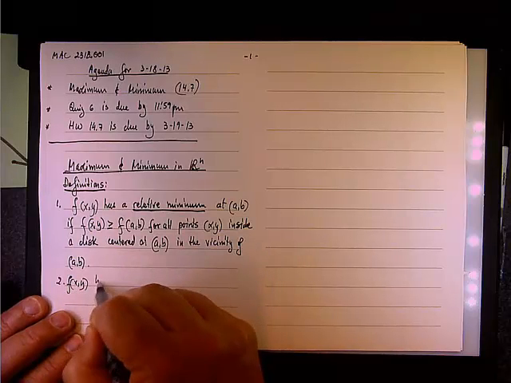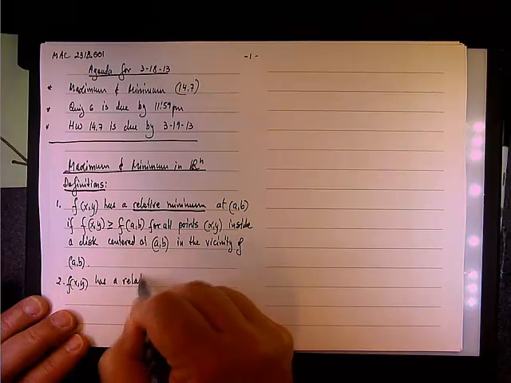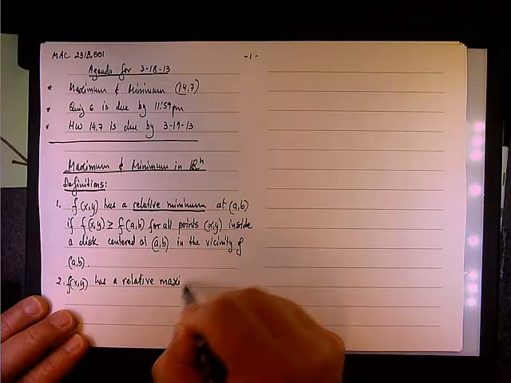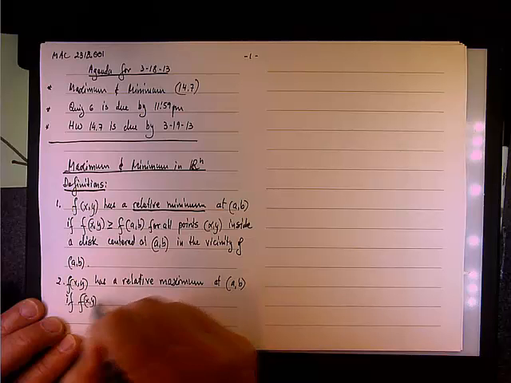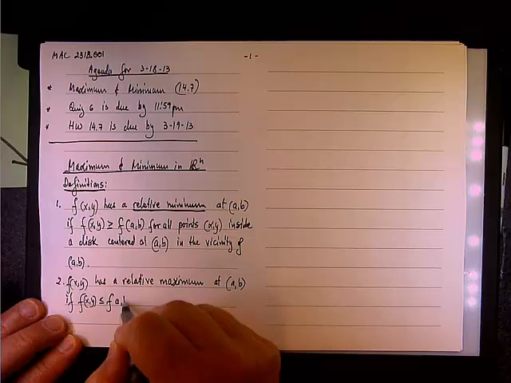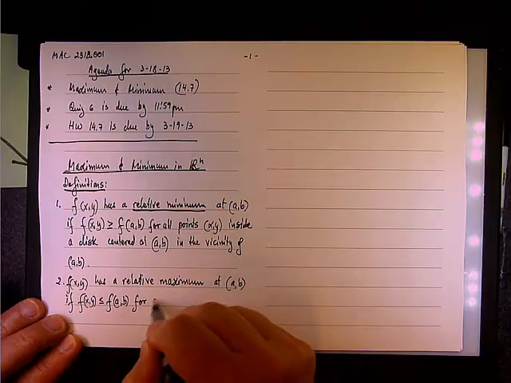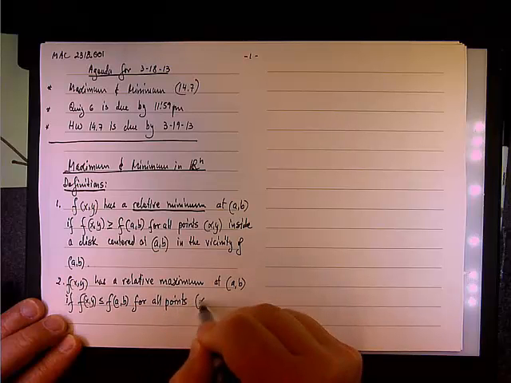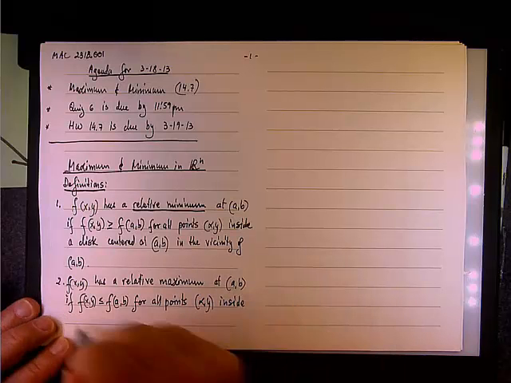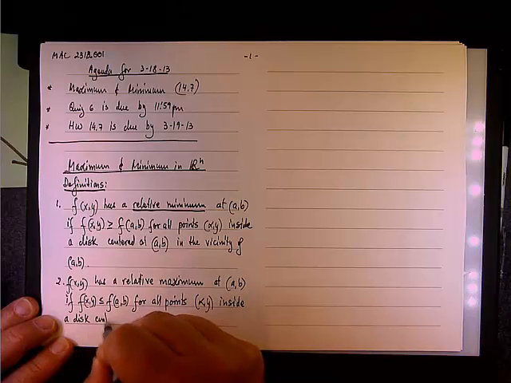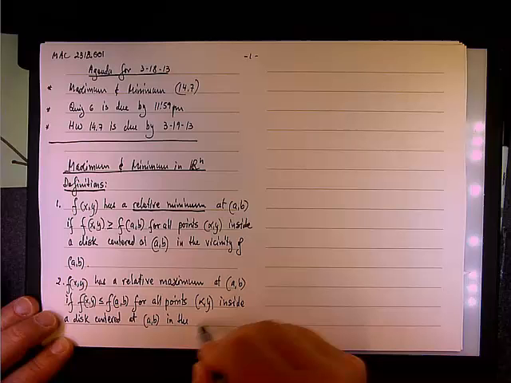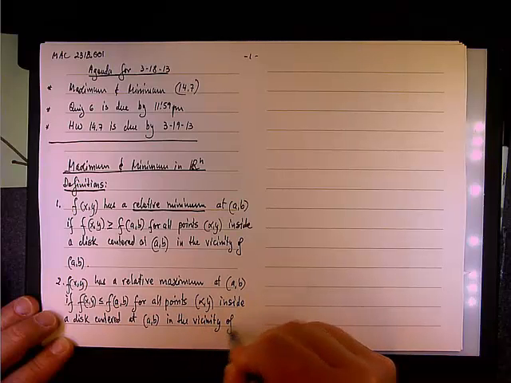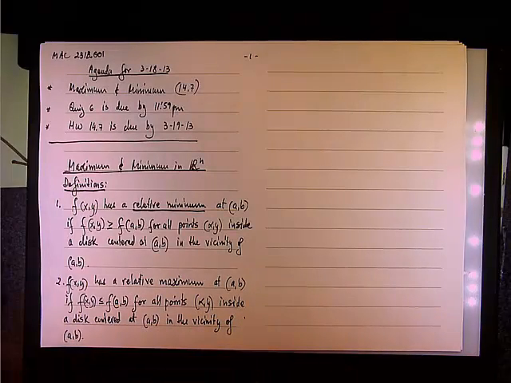So we'll write that f of x, y, again, the choice of two variables for sake of the example, is a relative maximum at a, b if f of x, y is less than or equal to f of a, b, making f of a, b the maximum point for all points x, y inside a disk centered at a, b in the vicinity of a, b.